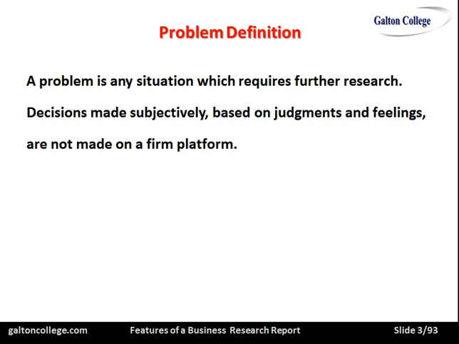In other words, decisions which are just devised by the manager, let's say, in a business, and not based on any research, these are subjective. The manager may be very good at making these decisions, in which case we'd say the manager is very entrepreneurial, or the manager may be forced into a situation of making those decisions.